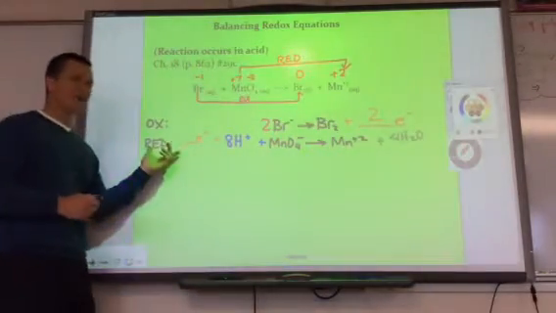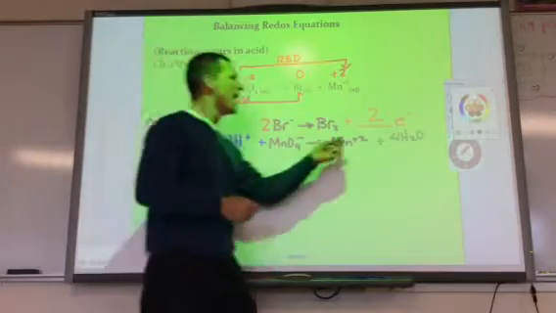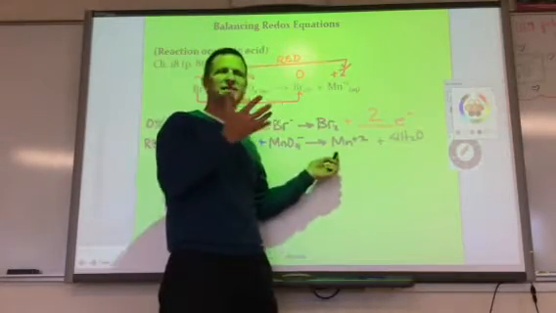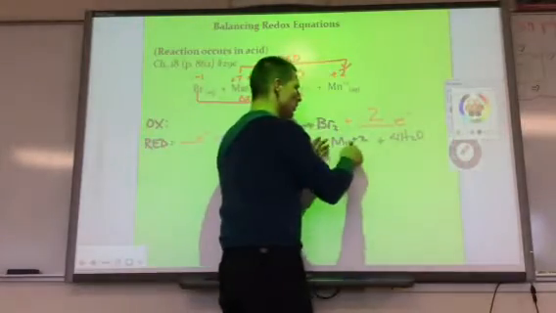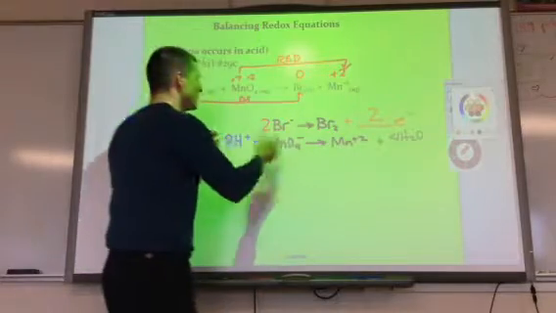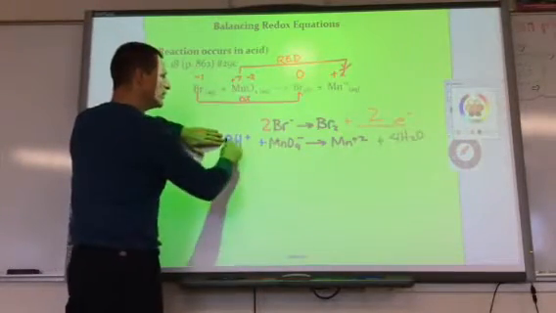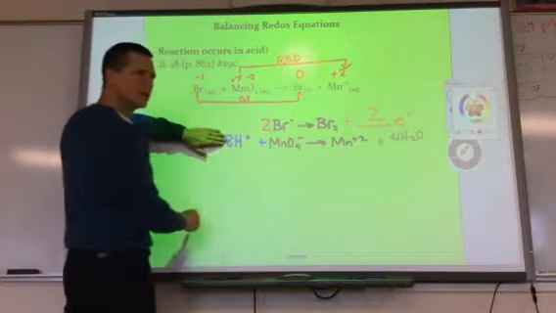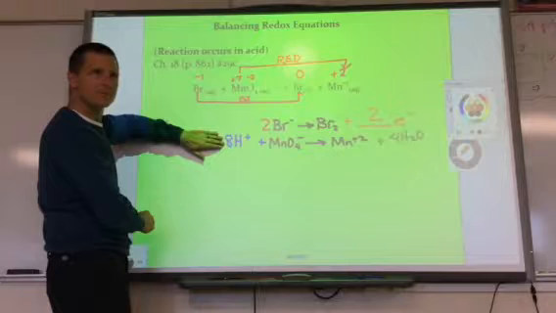In the second half, what I always do to figure out how many electrons I need to add is look at the other side, the side that doesn't have the electrons in it. So the water is neutral. The right side is +2. The left side, before I add any electrons to it, what is the charge of this? We've got 8 of these. +7.